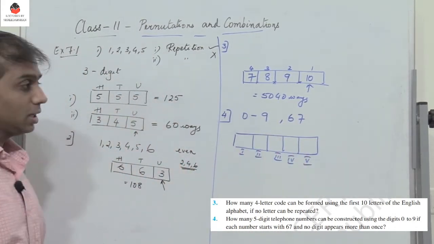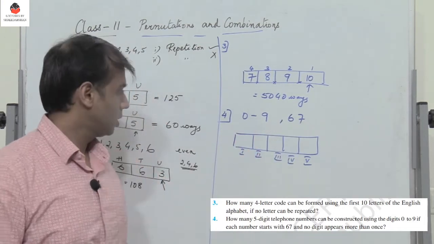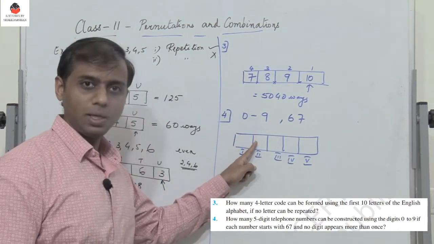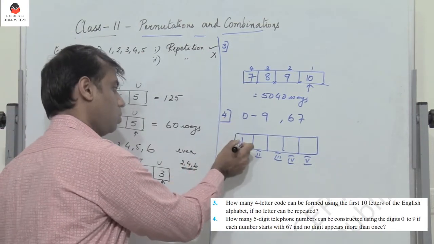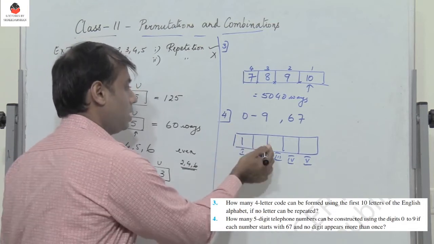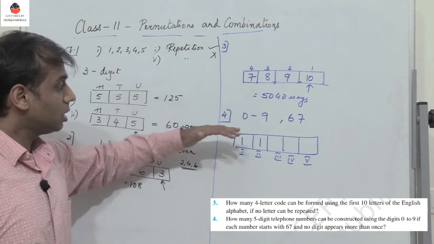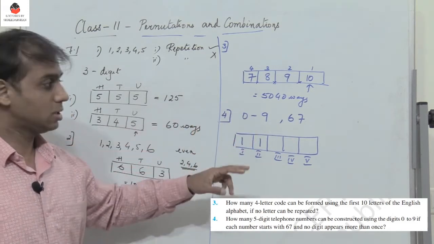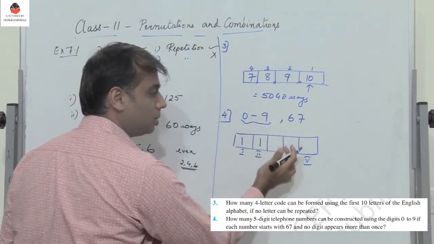Now it's been given that this 5-digit phone number begins with 6 and 7. So in the first place I need to have 6 only, so there's only one way. In the second position it has to be 7, so there is only one way, and none of the numbers appear more than once. That means out of the 10 I've already used 2, so how many are remaining?